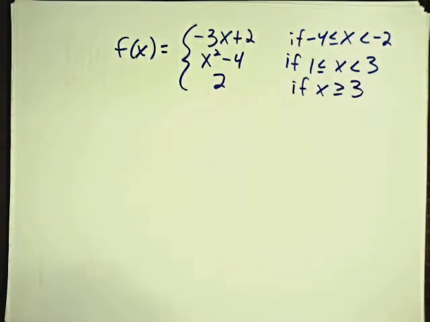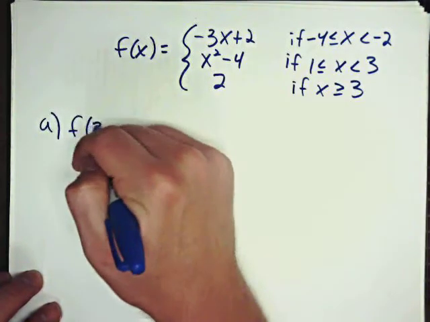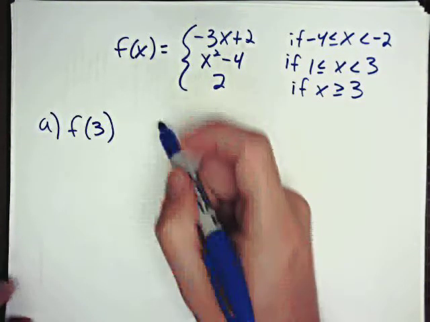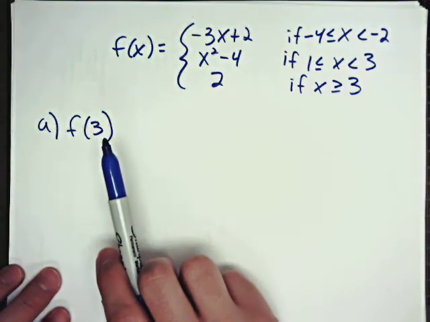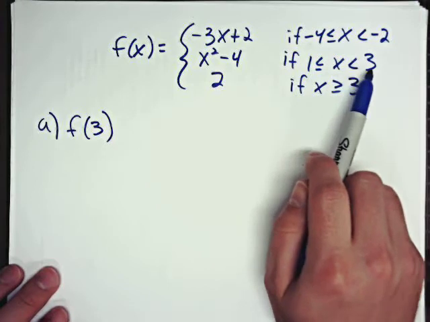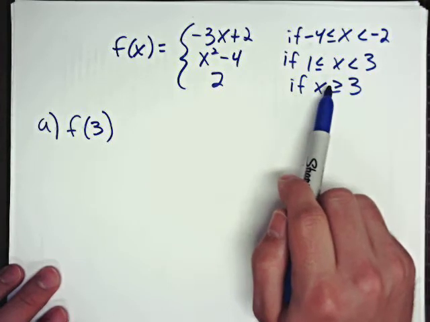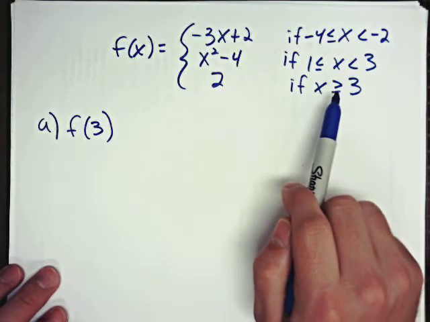Okay, so part A asks us to find f of 3. On this one, the x value is 3. We want to identify which equation is the correct equation to use by looking at the inequalities. If x is 3, 3 is not less than 3, but 3 is greater than or equal to 3, specifically with the equal part.